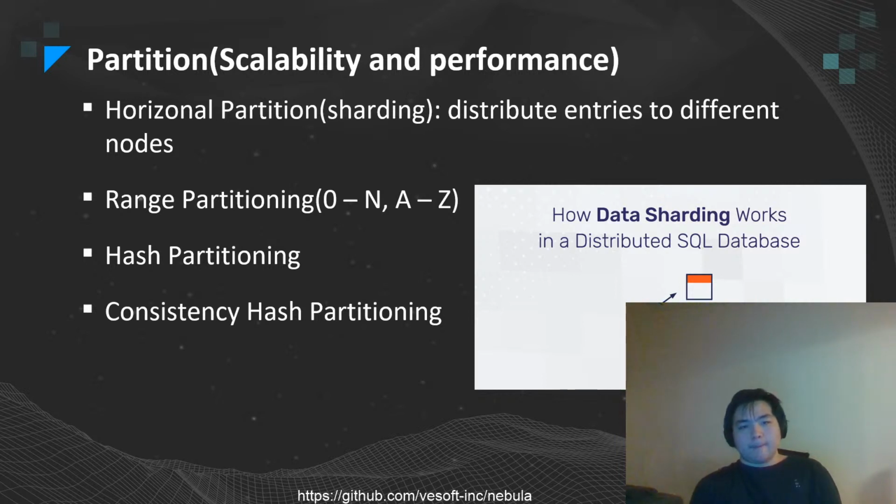So here, we introduce another kind of partition, which is hash partition. Hash partition itself does not support aggregate operations well. That is because in a hash operation we cannot guarantee that every query in the range can be distributed into one partition.